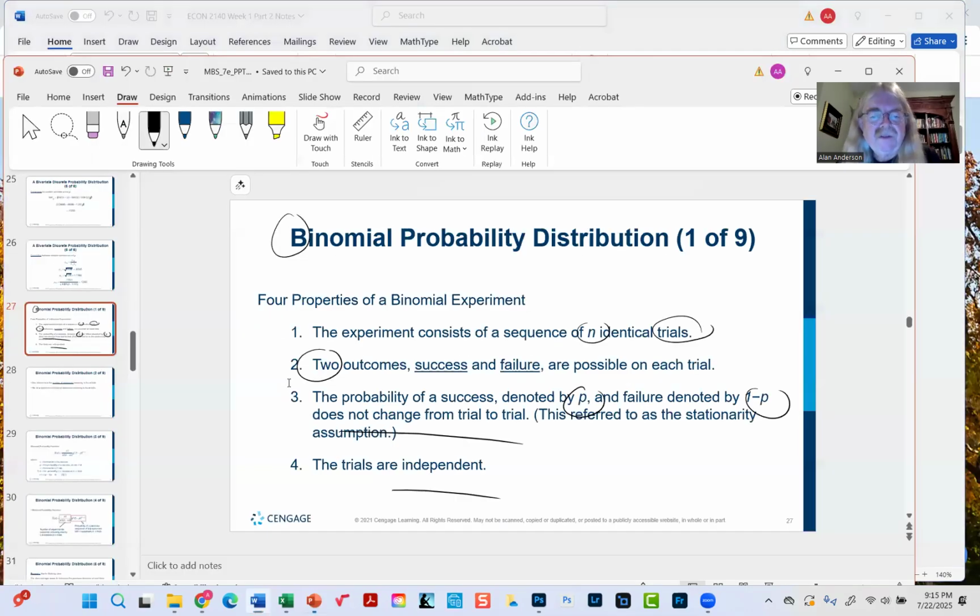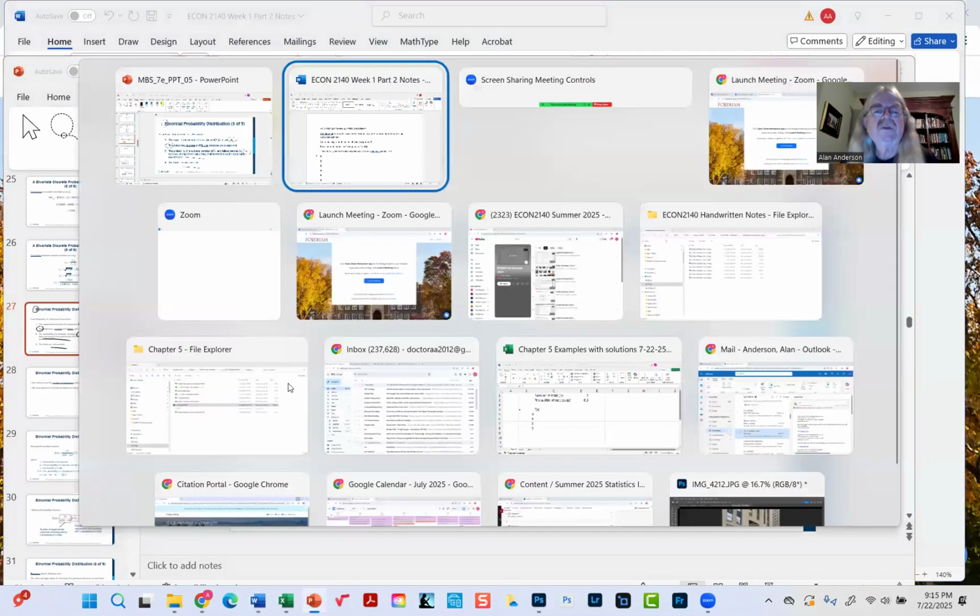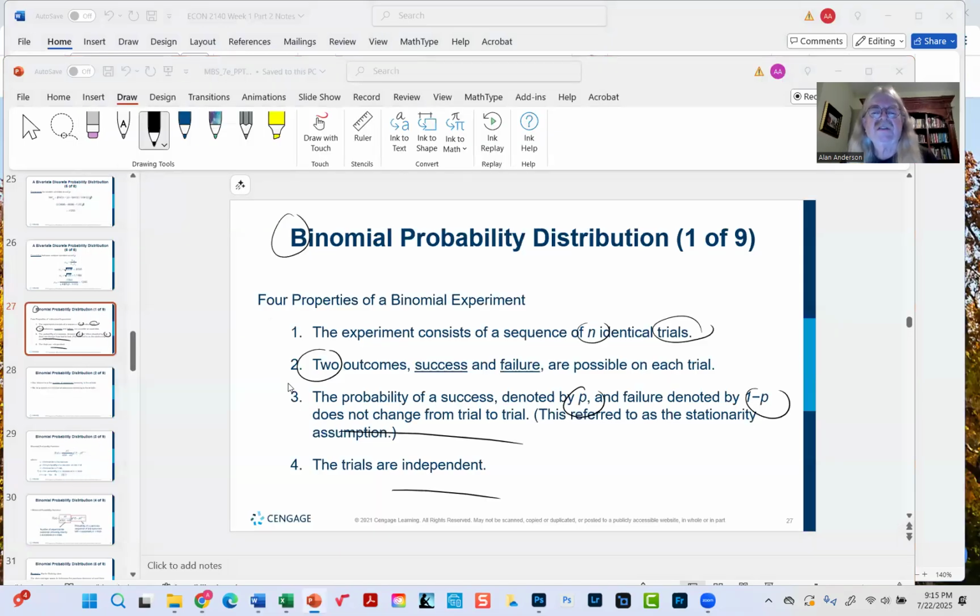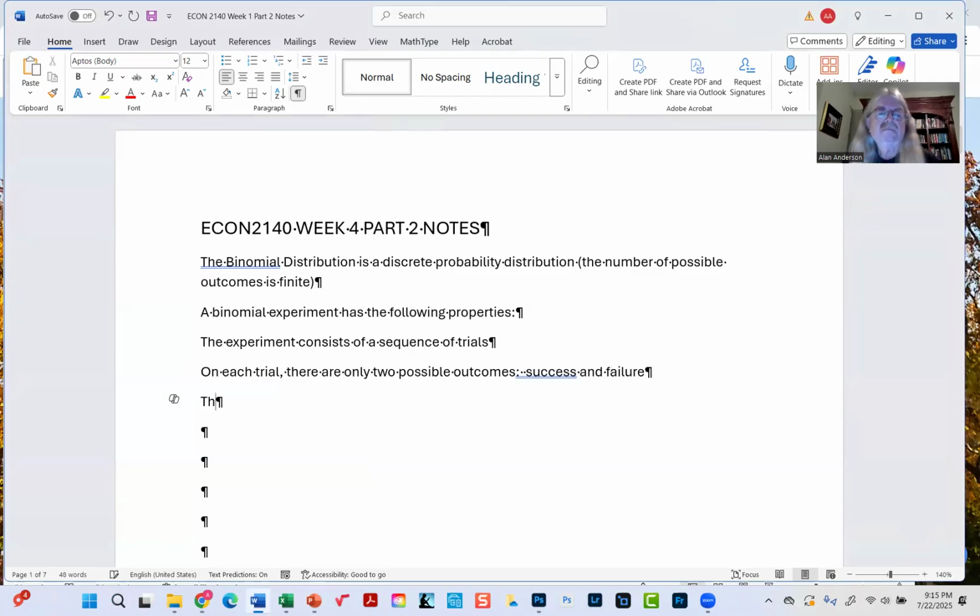The trials are independent of each other. The probability of success is P. The probability of a failure is therefore 1 minus P, because there's only two possibilities and they have to add up to 1.